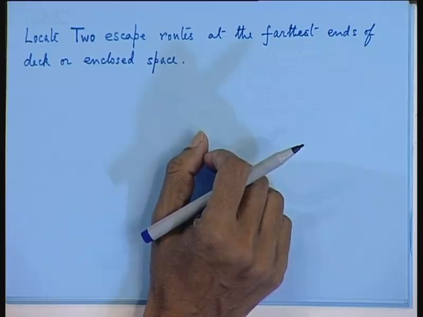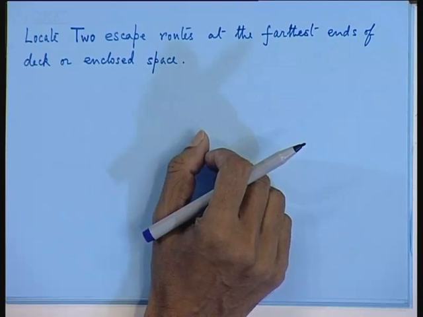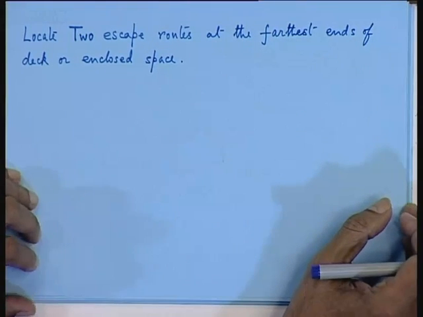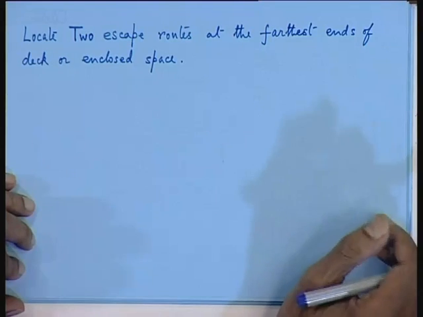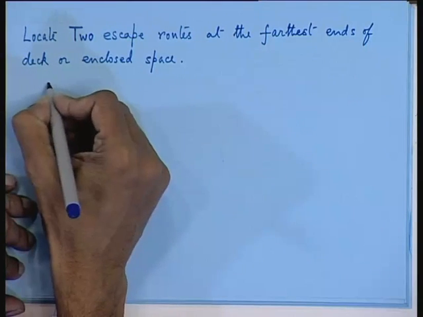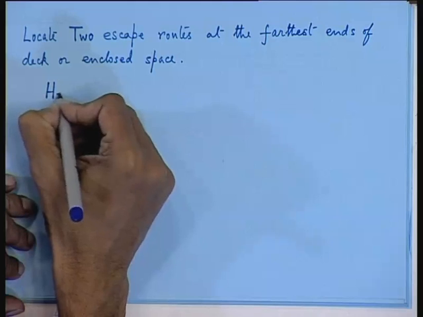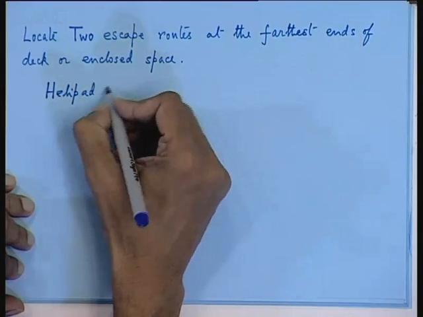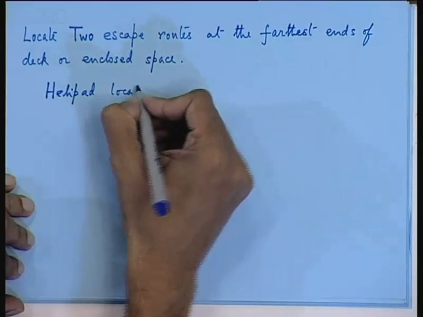The other point, that is the quarters and utility buildings. Of course, I have told you that you segregate and you erect a firewall, and normally the helipad is usually located on top of the accommodation.